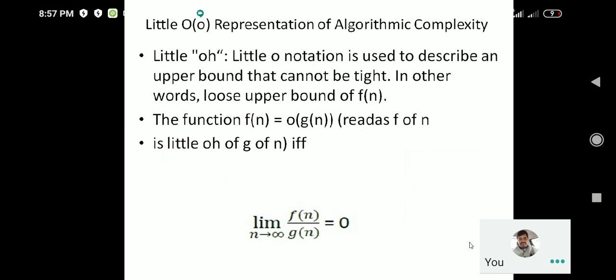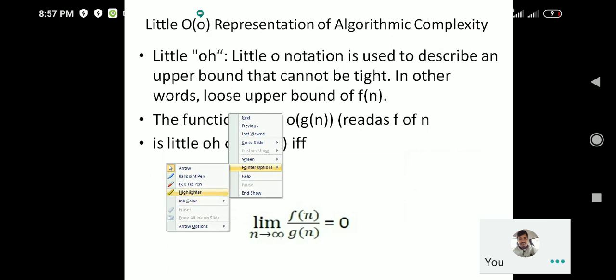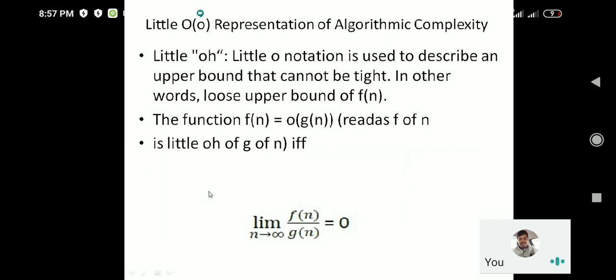So if f of n is a given function, we can say f of n is small o of g of n if and only if this condition holds: the limit of f of n divided by g of n as n tends to infinity is equal to 0. So f of n is given to us and you have to find g of n. There is no c to be identified now, and no n0. We have to just choose a g of n.